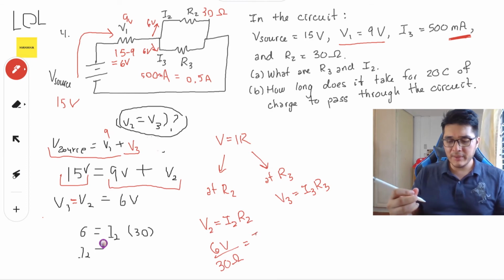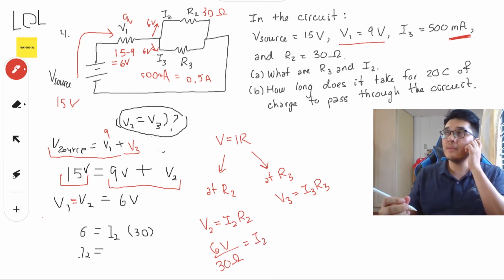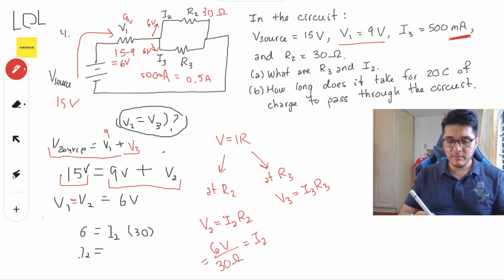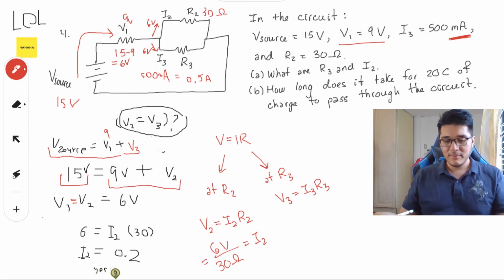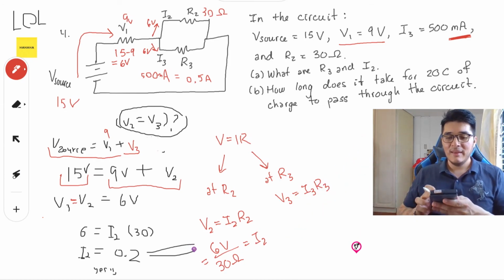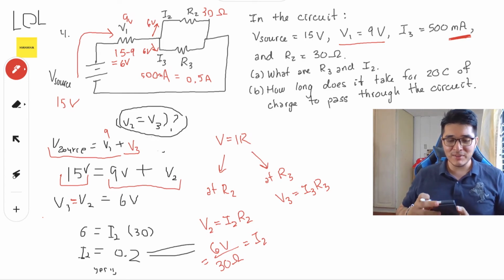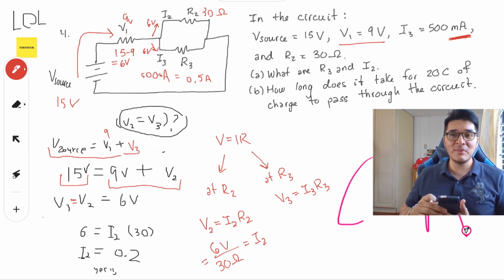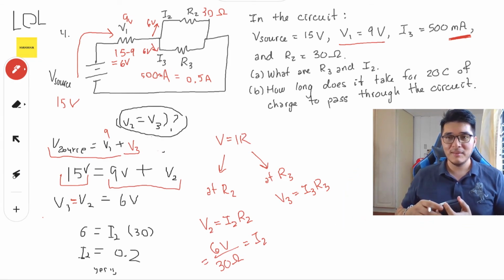So what's 6 over 30? Can you simplify that? No. Wait, you can't simplify 6 over 30? No. 6, 12, 18, 24, 30. No, you can't. Really? It's 0.2. You can't simplify 6 over 30? Come on, don't confuse me. I'm not so good at fractions. Are you sure? 1 over 5. That's why next semester I'm not going to teach math anymore. I'm teaching grade 9 science.